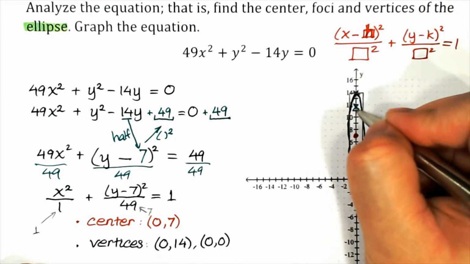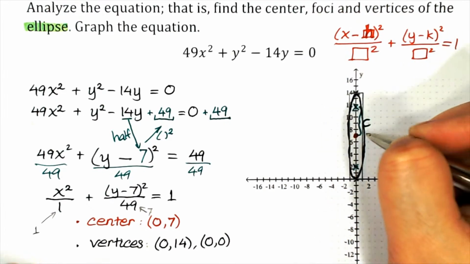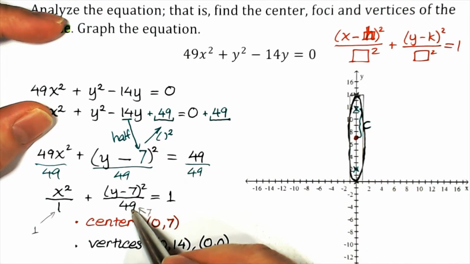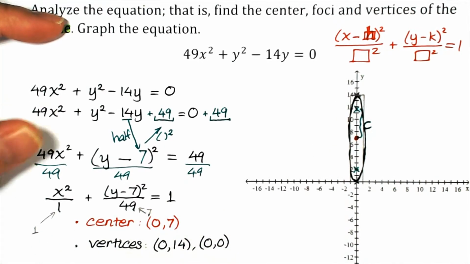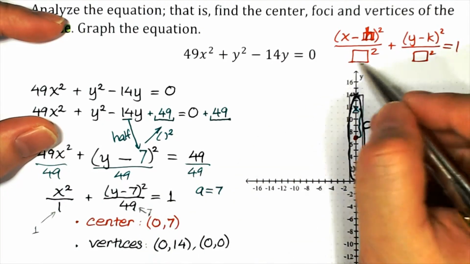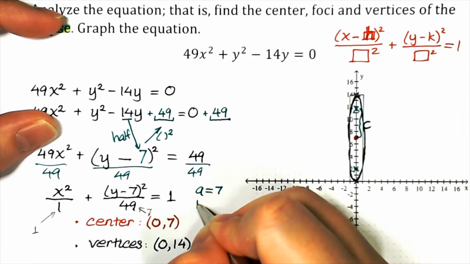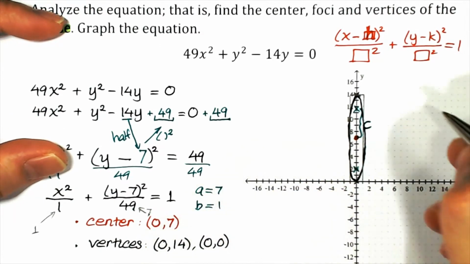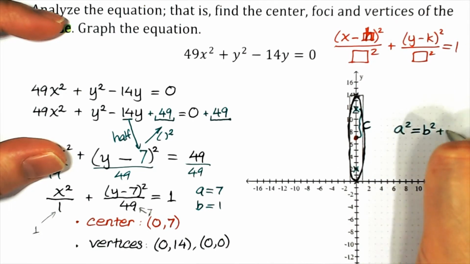So the distance from the center to the focus is going to be c, and in this case the bigger number 7 is going to be a and the smaller number is b. So a is 7. That's why we really don't need to put any a or b here. Just the bigger number is a and the smaller number is b. So we have a squared equal to b squared plus c squared.